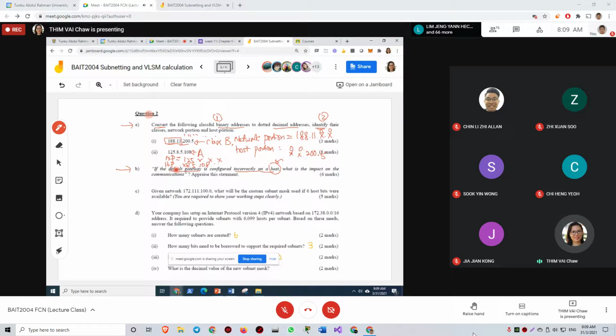So first of all, I will explain what is default gateway. I will mention that a default gateway is only required when the host communicates with a device on another remote network. So that's why I am going to mention like that.